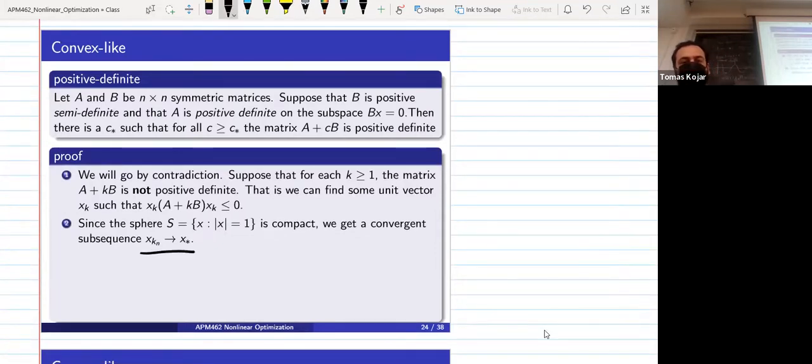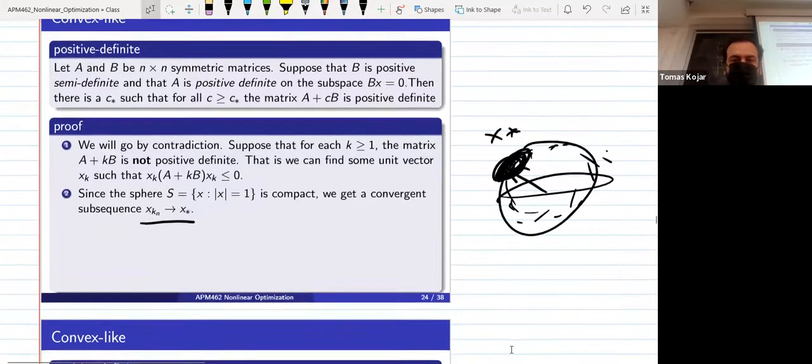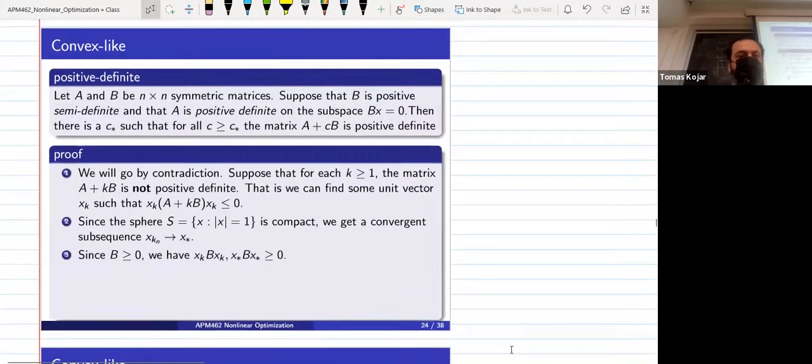So that means that in the space of directions, they eventually accumulate around some x star direction. Since B is positive semi-definite, you have these guys being also positive semi-definite.